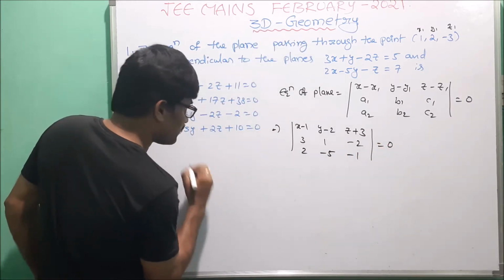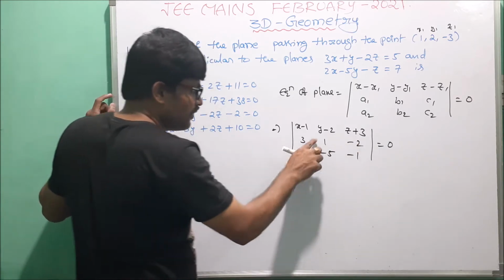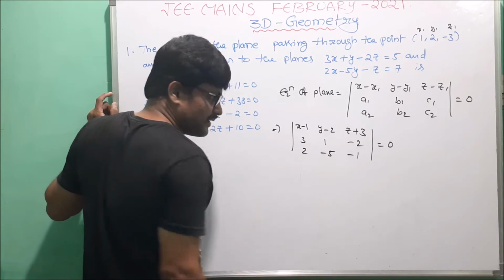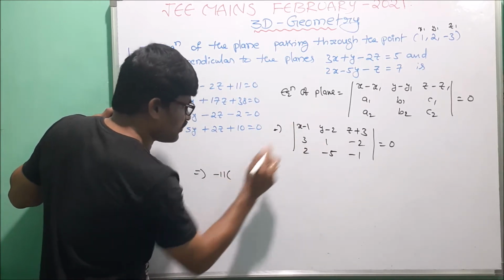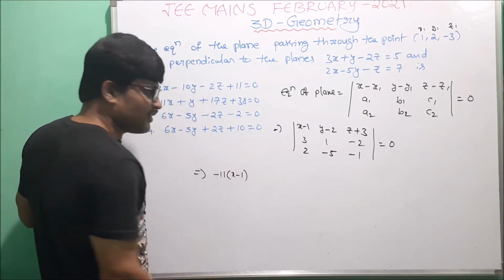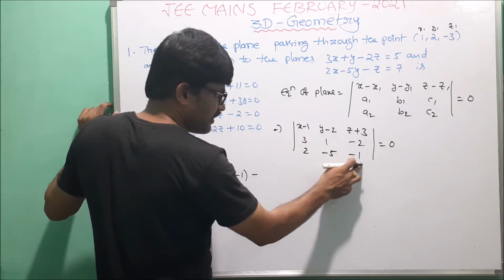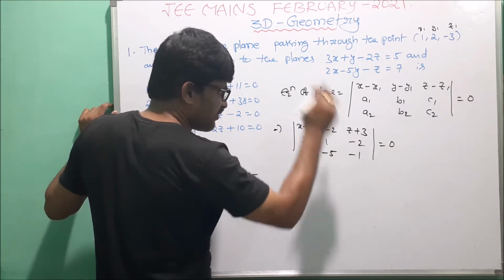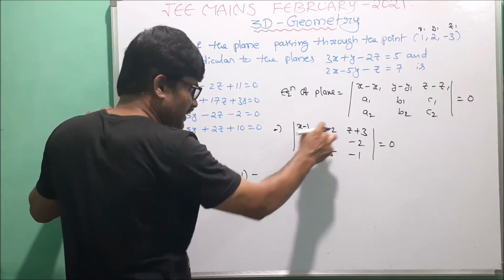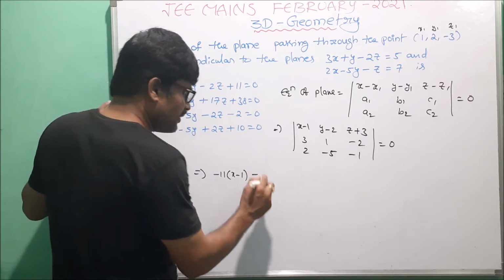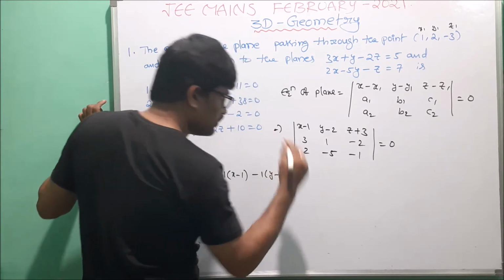Simplifying by cross multiplication: (1)(-1) - (-2)(-5) = -1 - 10 = -11. So -11 into the first element, x - 1. Similarly, for the second term, 3(-1) - (-2)(2) = -3 + 4 = 1, and since the second term carries a minus sign, we get -1 into y - 2.